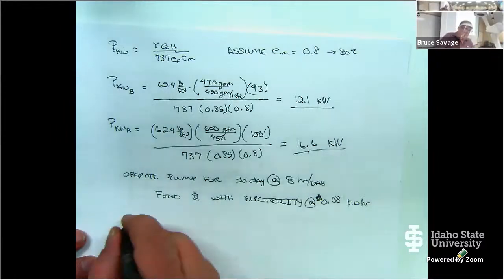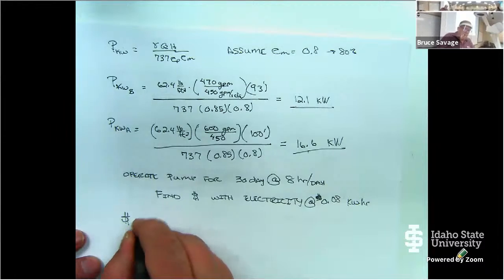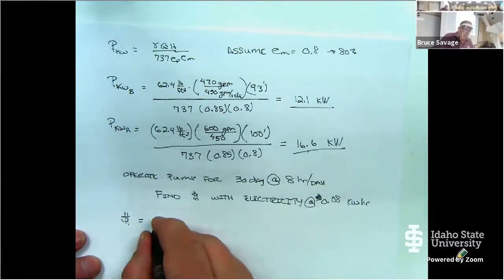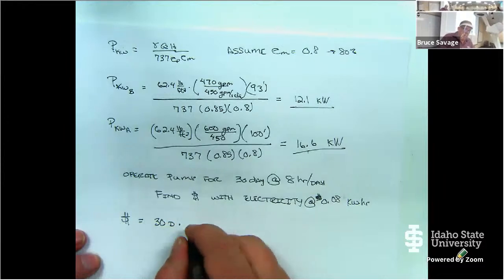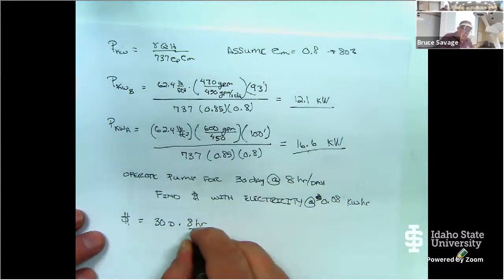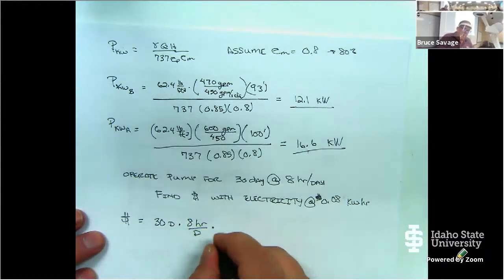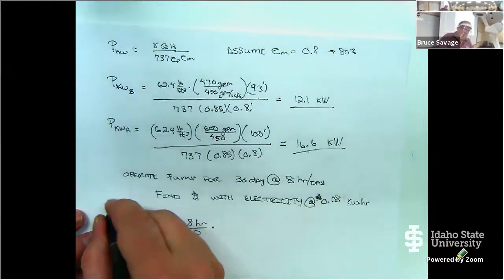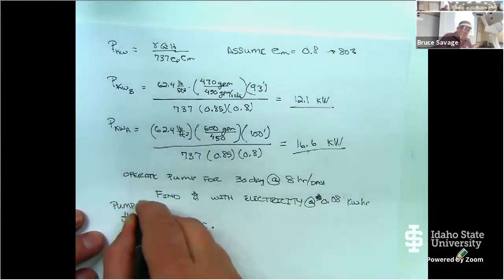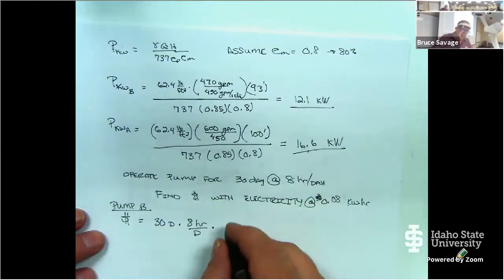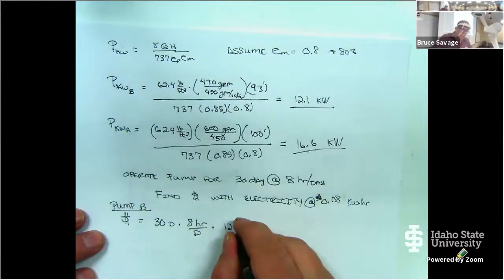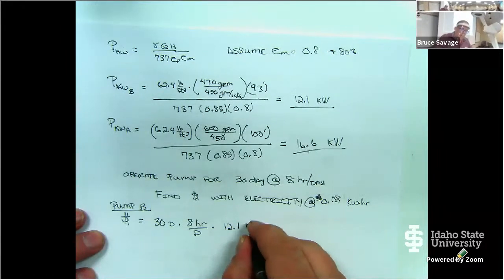So now the total dollar amount that I'm going to pay is going to be equal to 30 days times 8 hours per day times, and let's use pump B. Let's assume that pump B is the one that we're good with. So 30 days times 8 hours times 12.1 kilowatts.